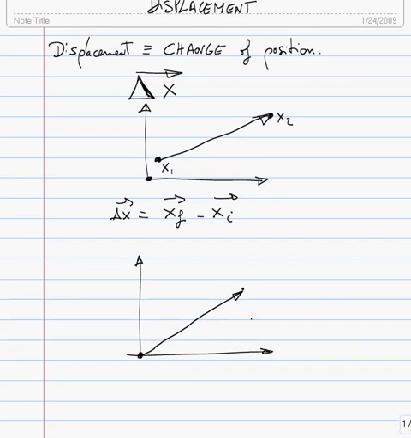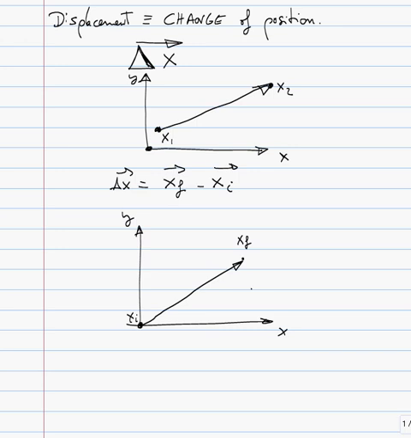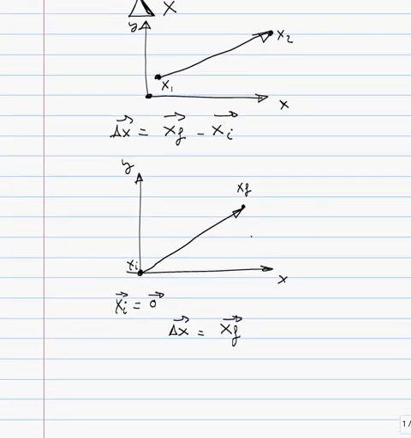Let's say this is our y, this is our x, this is my x final, this is my x initial, and therefore since xi is the same as my zero vector, my delta x in this particular case is nothing else than x final, which refers to the coordinate of this particular position xf.